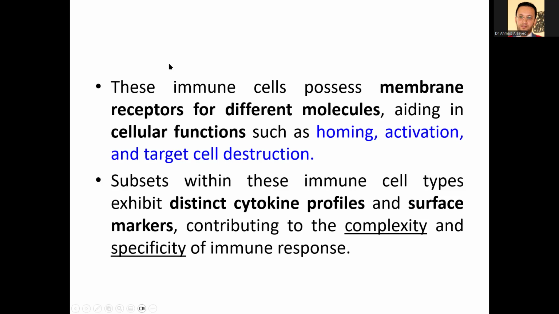Okay. The immune cells possess membrane receptors for different molecules, aiding in cellular functions such as homing, activation, and target cell destruction.